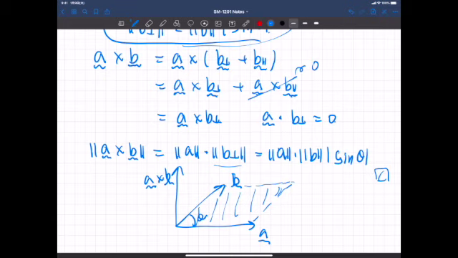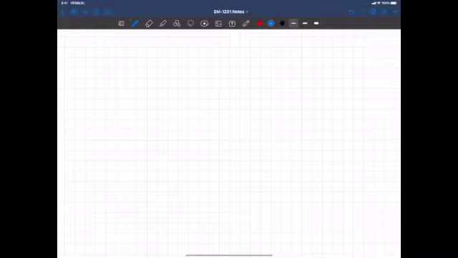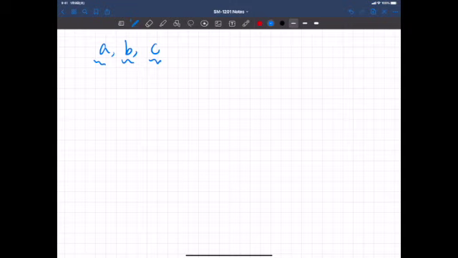Okay. Now, if we have three vectors, A, B, C, we can consider the triple product A dot B cross C.